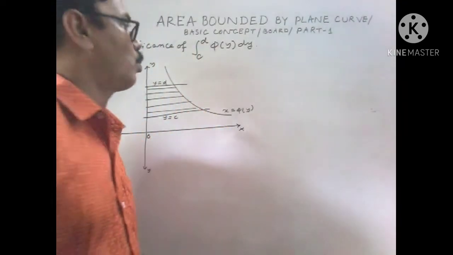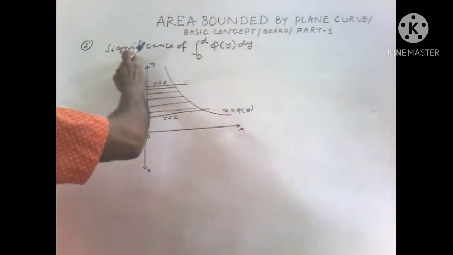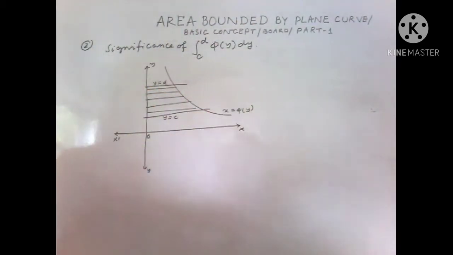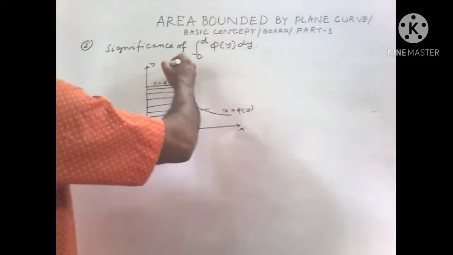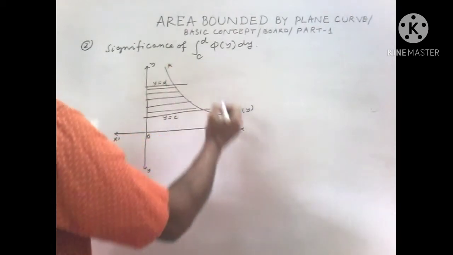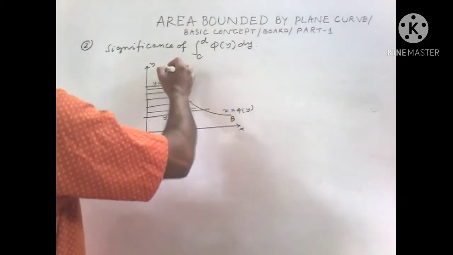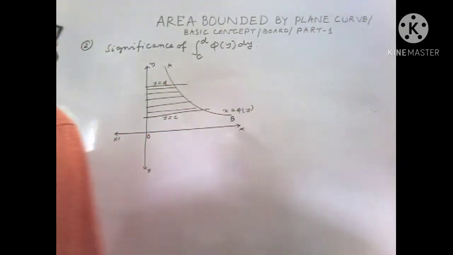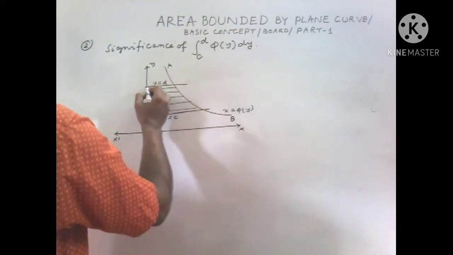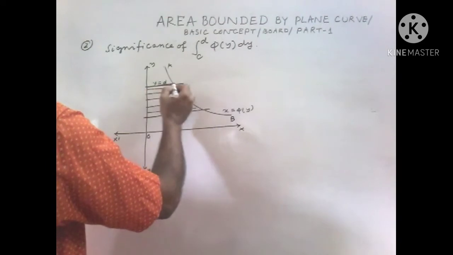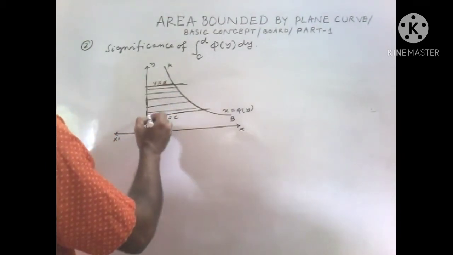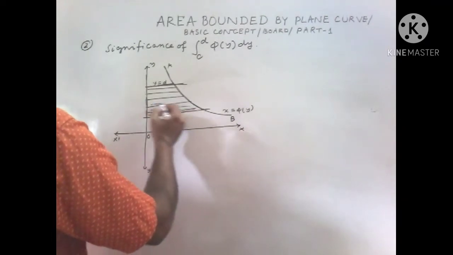Now formula number 2. Significance of the integral from c to d of phi y dy. Suppose AB is a curve represented by x equals phi y. And these are y equals c and y equals d, the curve and the y-axis. You are getting this shaded portion.